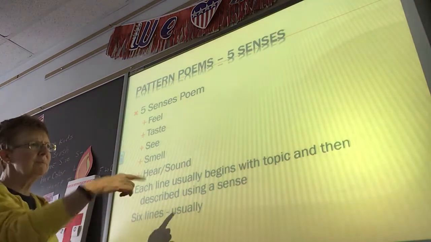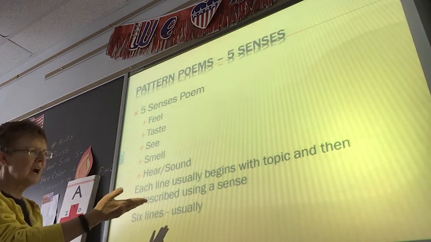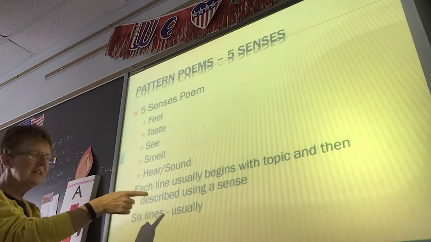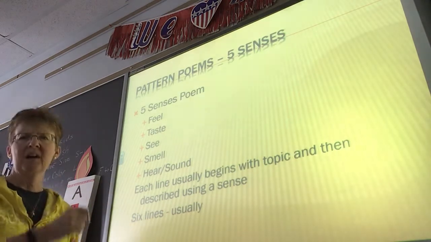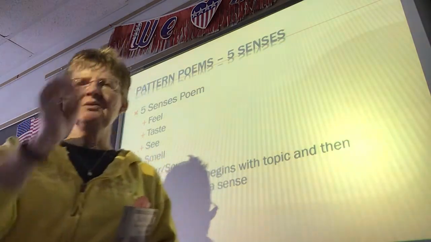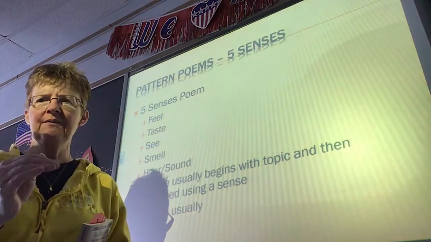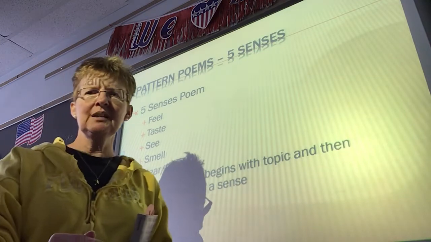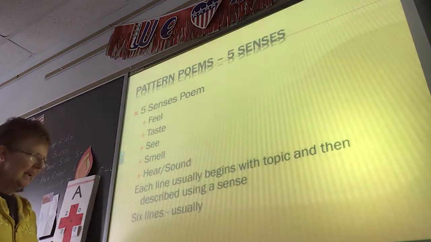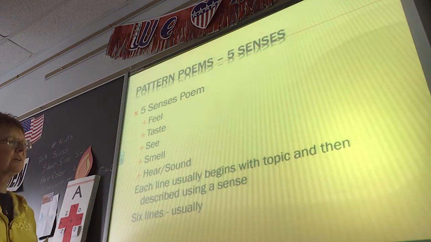Each line usually begins with the topic and then describes that topic using one of the senses. So you need 6 lines, 1 sentence for each one of the senses, and then either a closing or an intro line.